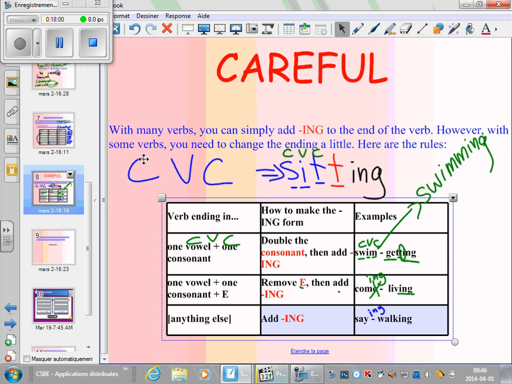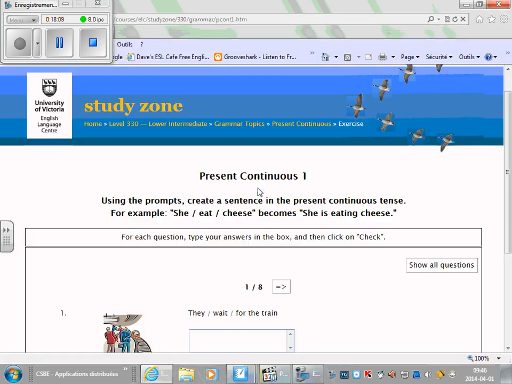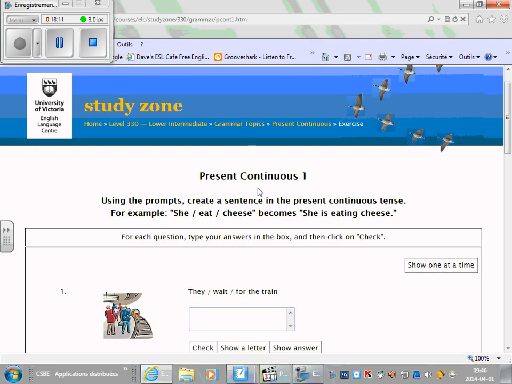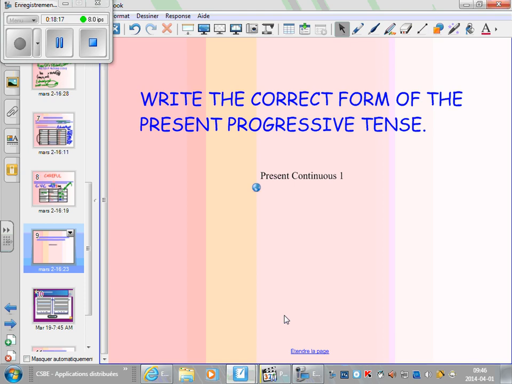Now what I'm going to do is ask you to change the page. So turn the page. You had a little activity, which is not the same as the one I have. Wait a second. So write the correct form of the present progressive tense.